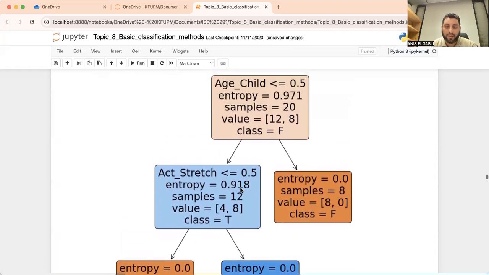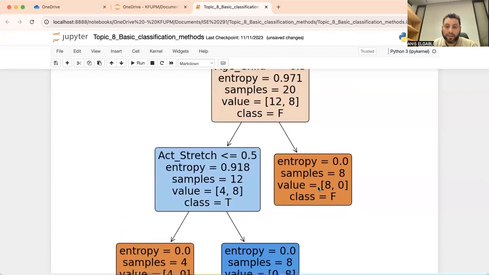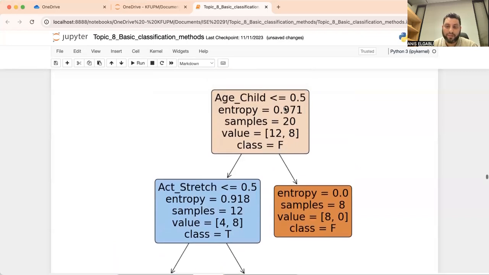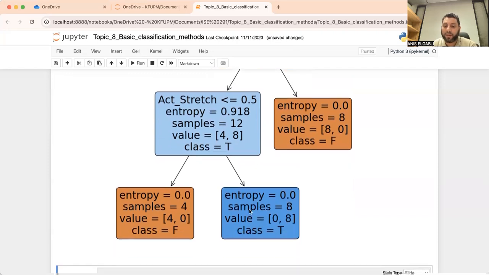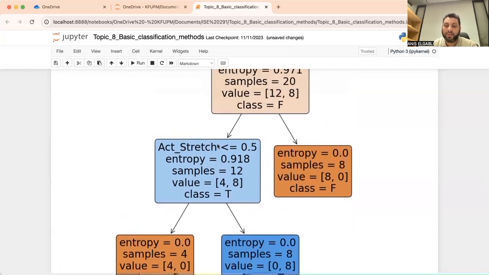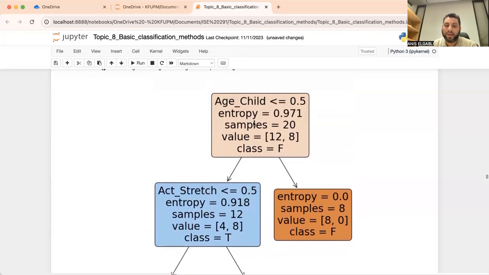Round is just rounding the corners, okay? But filled is an interesting one. Here, the ones that belong to class false, we have a clear orange color. For the ones that belong to class true, we have a blue color. Now, if there is a confusion, we will have a color that is between these two, orange and blue.